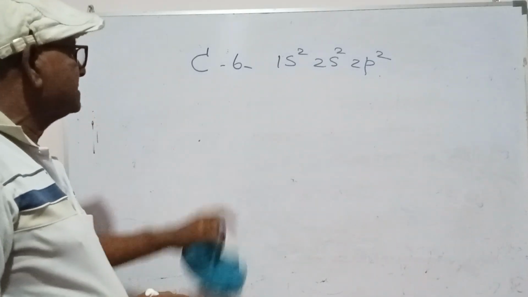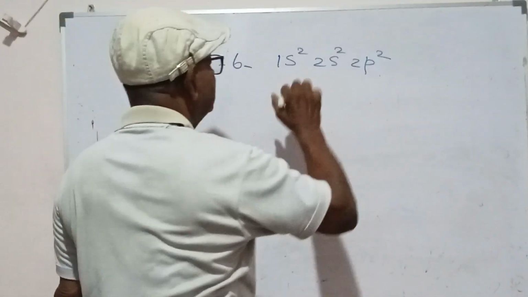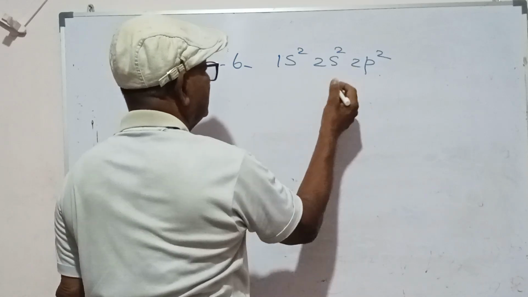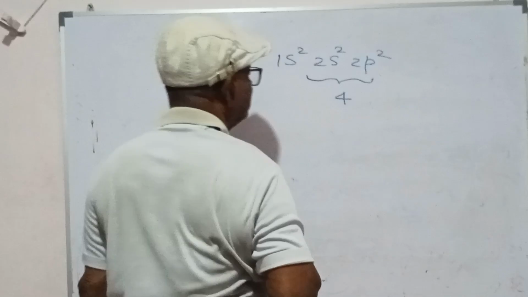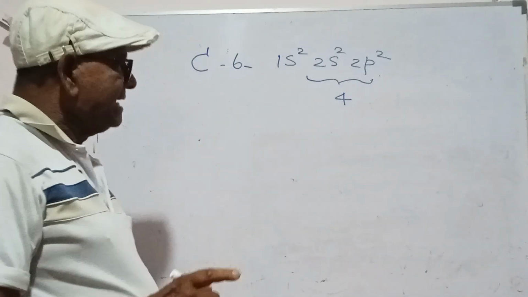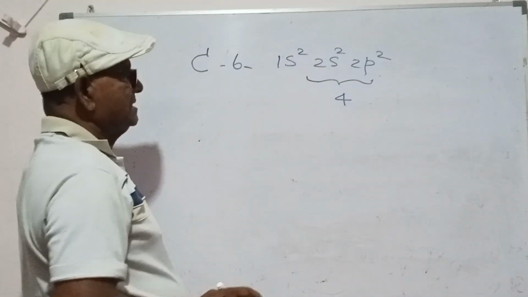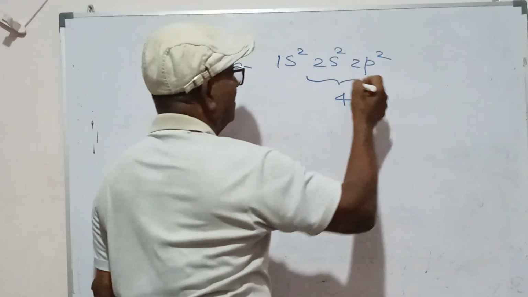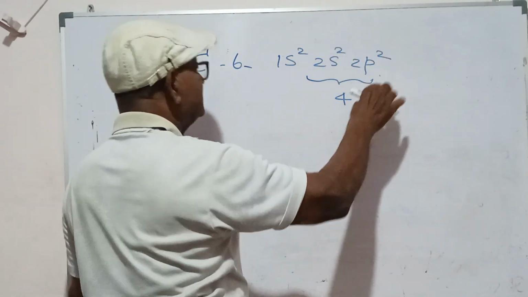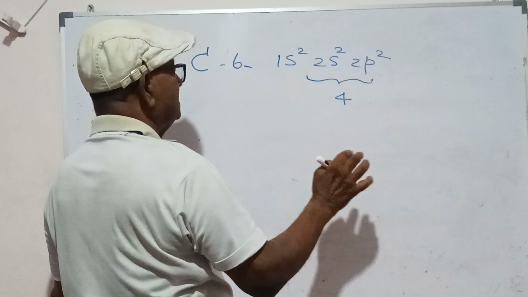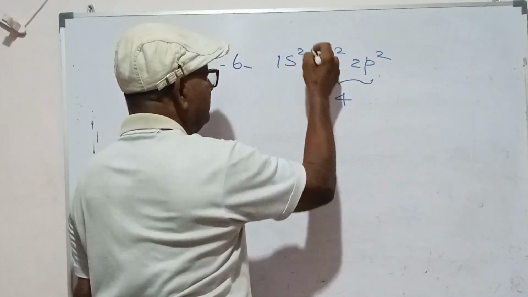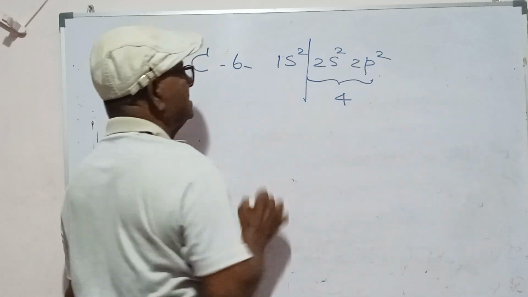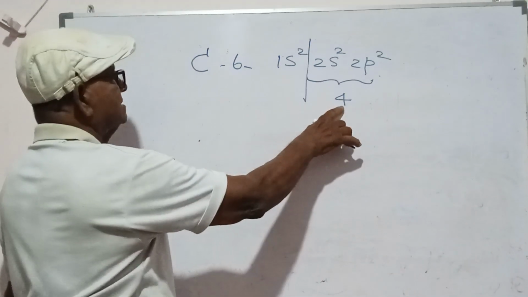So carbon has altogether 4 electrons in the outermost energy level, the second energy level. To be 8, or to complete the outermost energy level, it would have to give out 4 electrons.